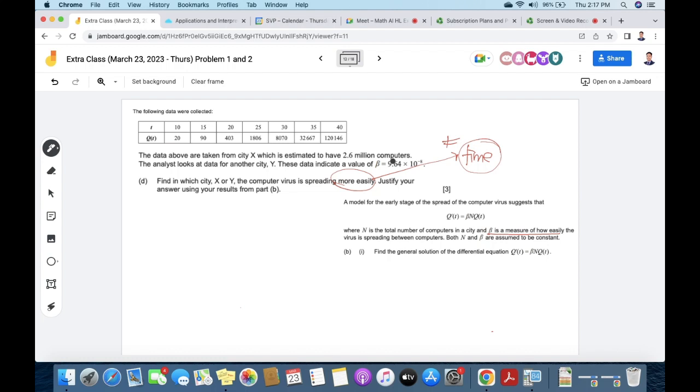Yeah. But one thing is certain here, we are going to compare the beta between the two. The higher the beta, the more easily the virus can spread out in that particular region. So what we know here is we have CTX and CTY. Let's just do it this way to make it clear.